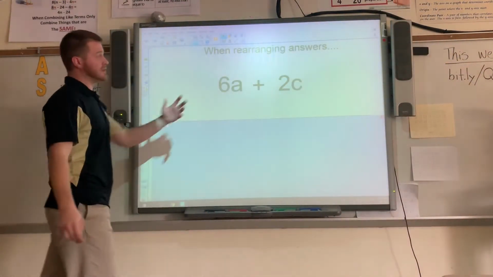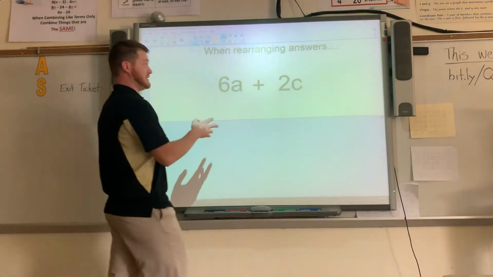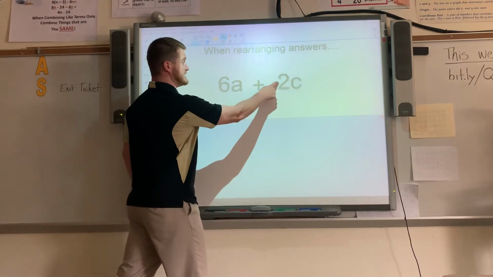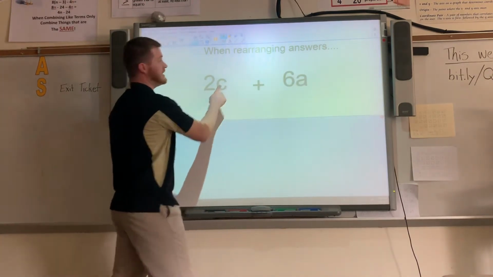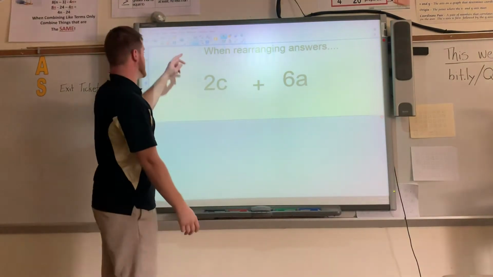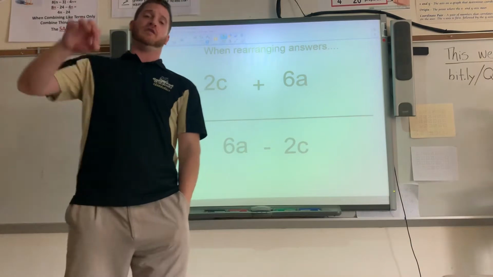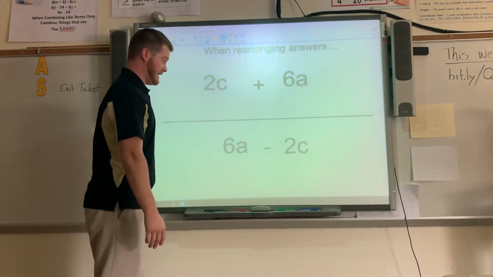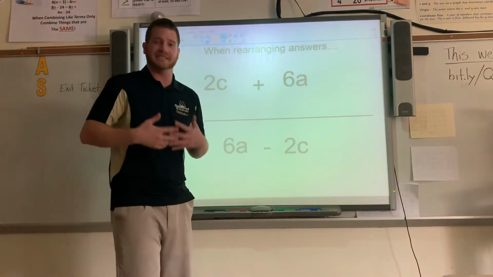Now, we just talked about rearranging these, and this is the exact same answer from the last slide. Again, if you rearrange this, the positive 2c would go up front, and the 6a is right there. Both correct answers. However, if you have a negative sign in the problem, remember you have to include the sign in front. So notice there is a minus sign in front of the 2c. That also represents a negative 2c.